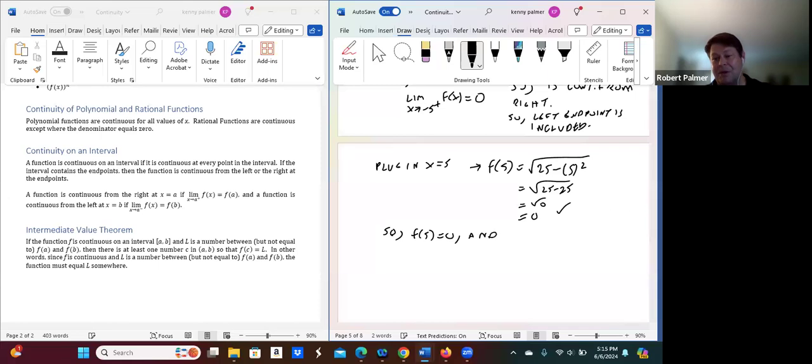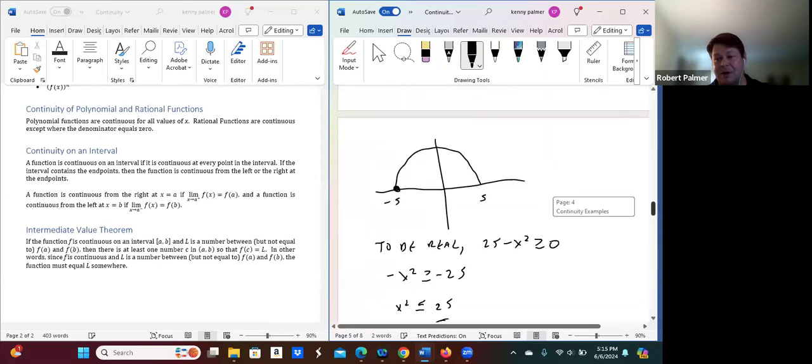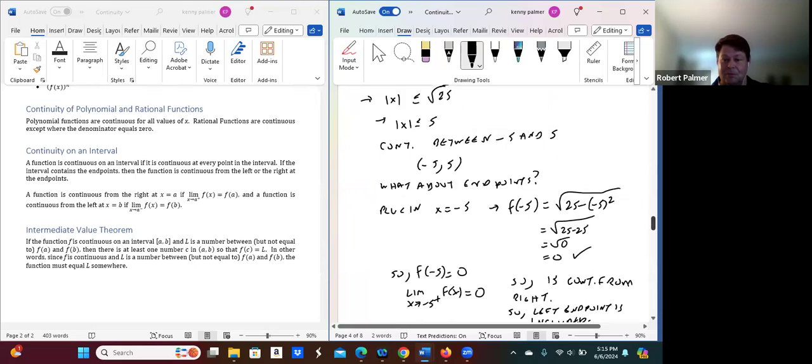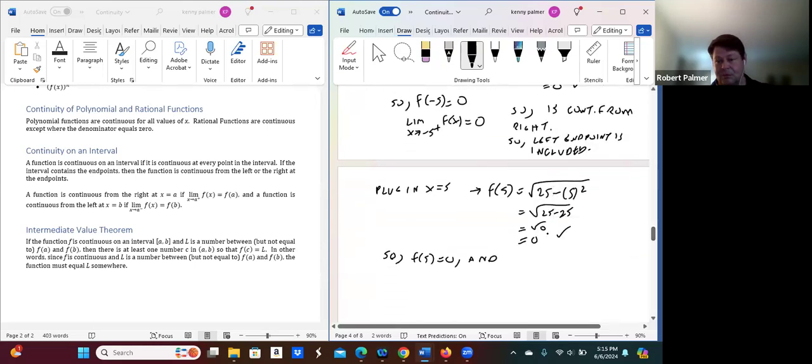And think about the limit. Let's go back to our function. In this case, I can't approach it from the right. It's outside. I approach it from the left. As we approach 5 from the left, what does the y value do? It goes to 0. So the limit as x goes to 5 from the left of f of x is also equal to 0.